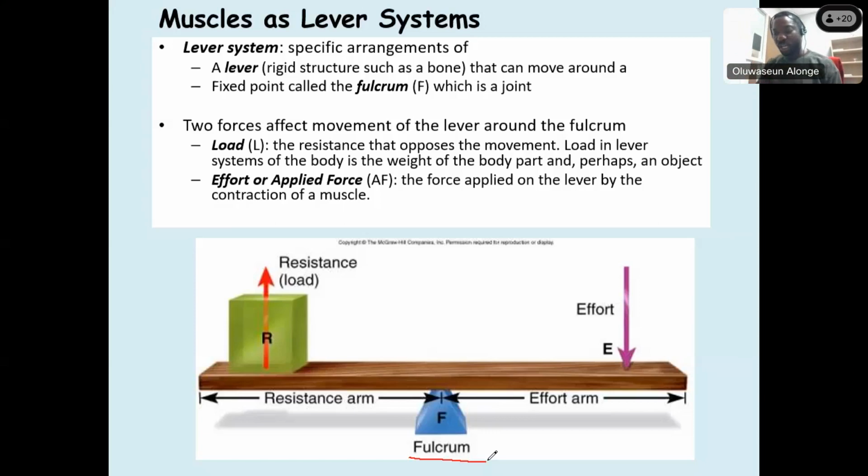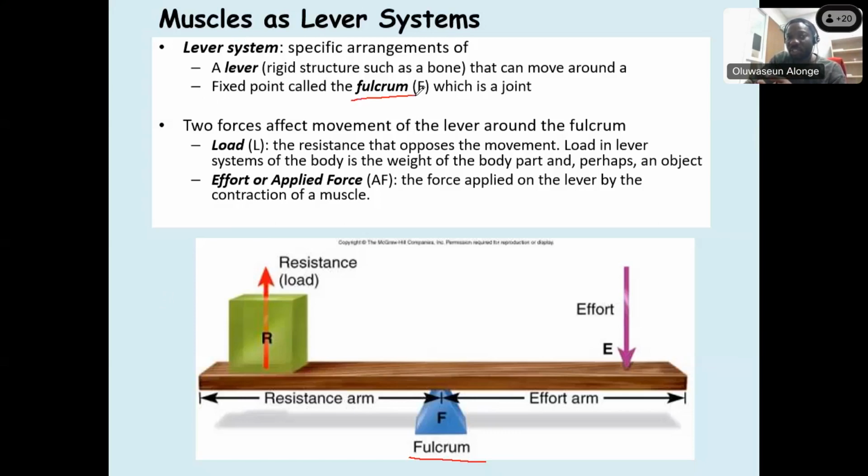Now, let's apply this knowledge to muscles. I'll look at the lever system, then we'll go ahead and use it. A lever system is a specific arrangement of a lever. A lever is a rigid structure, such as a bone in this case, that can move around a fixed point.